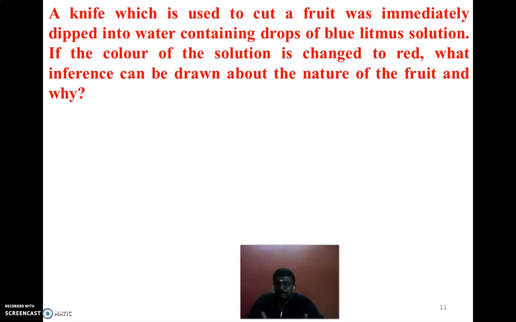Which fruits can be acidic in nature? Yes, it's lemon. In lemon, what acid is there, children? Yes, citric acid. If we cut the lemon with a knife and dip that knife in water containing a drop of blue litmus solution, that will change to red color.